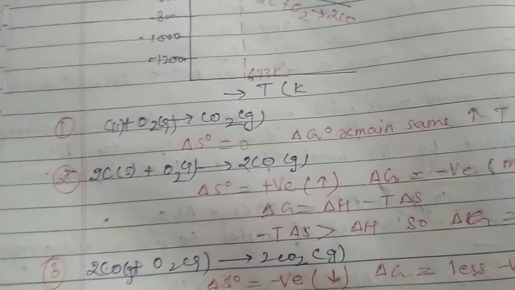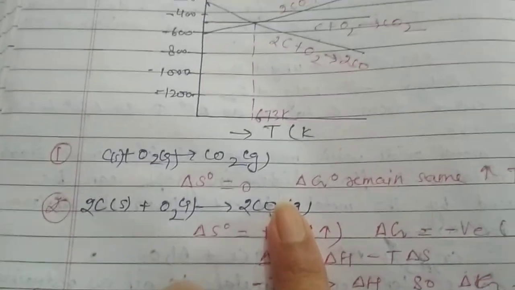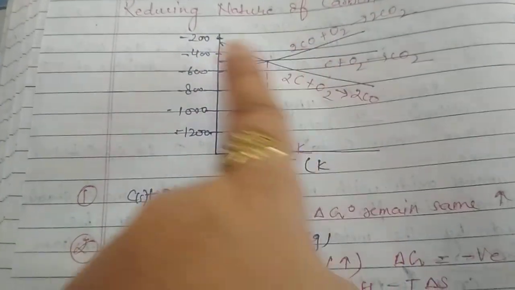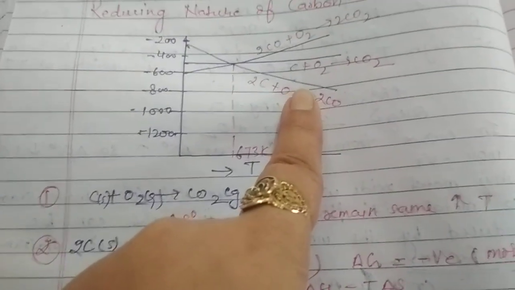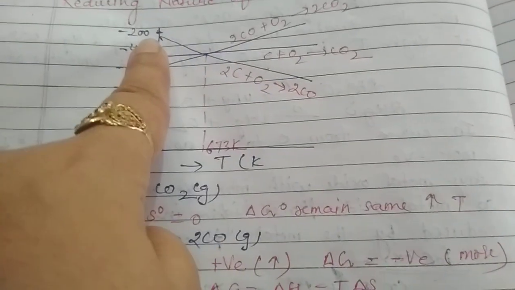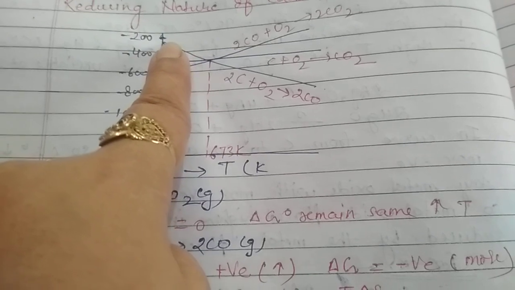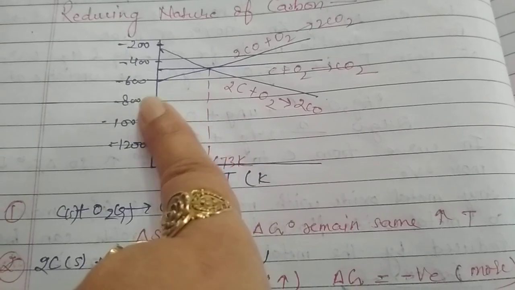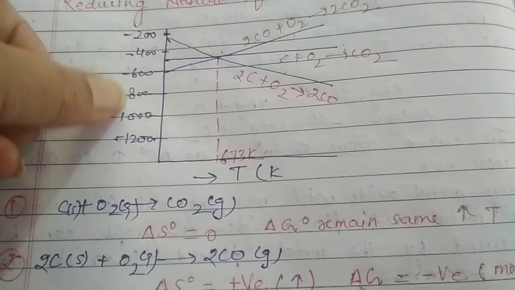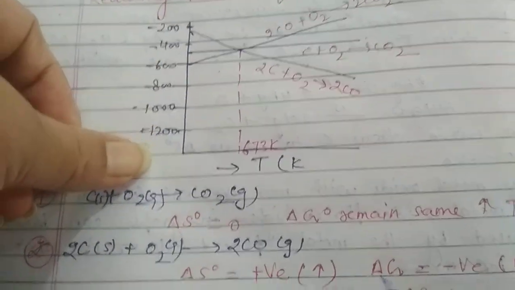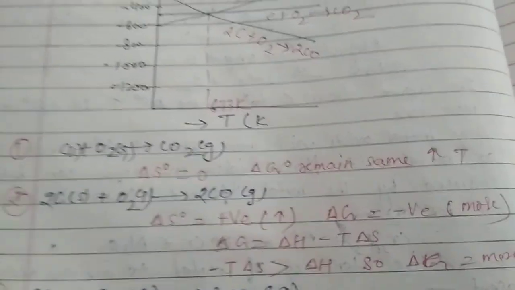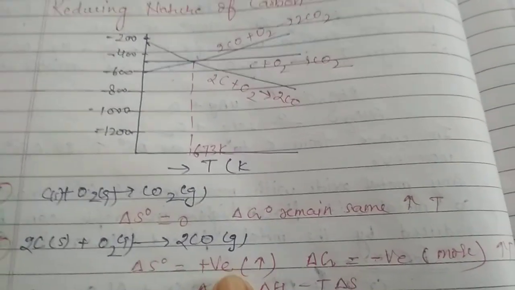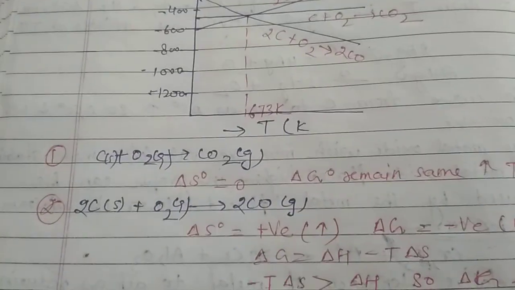The next is carbon oxidized to form carbon monoxide. In this case, the value of del G naught is going to be more negative. Here we are able to see that from around 250 it arises, and if we plot a dotted line here, it would be approximately minus 800. It means the value of del G naught in negative is increasing, so it is becoming more negative. And in this case we observe that del S naught would be positive, meaning there would be an increase in randomness.